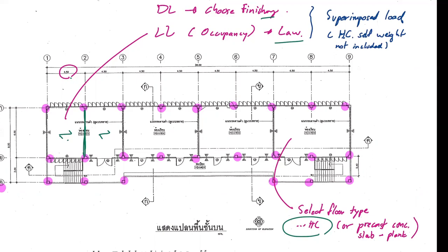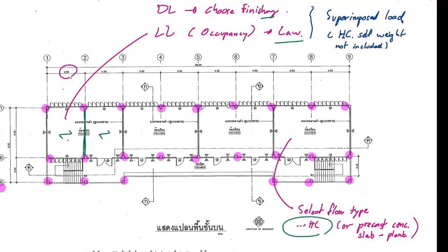If you want to use this, the plank is only 10 centimeters thick, so it's pretty small. But if you choose a live load that is large, the plank may not be enough for a 4.5 meter span. So you end up having to use the hollow core, which is thicker and stronger and more expensive.